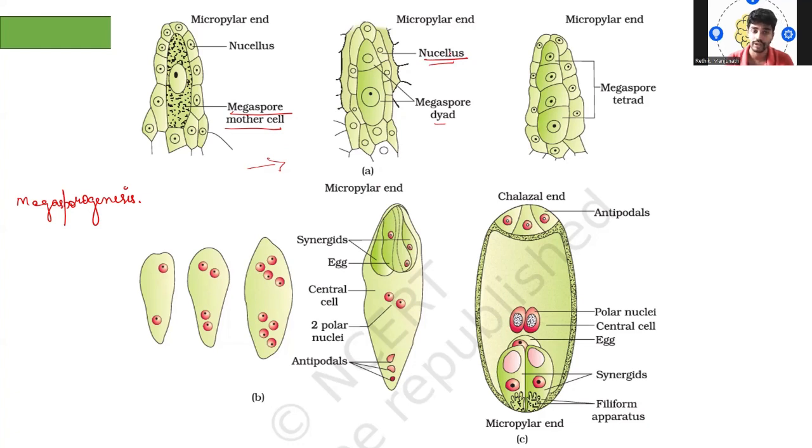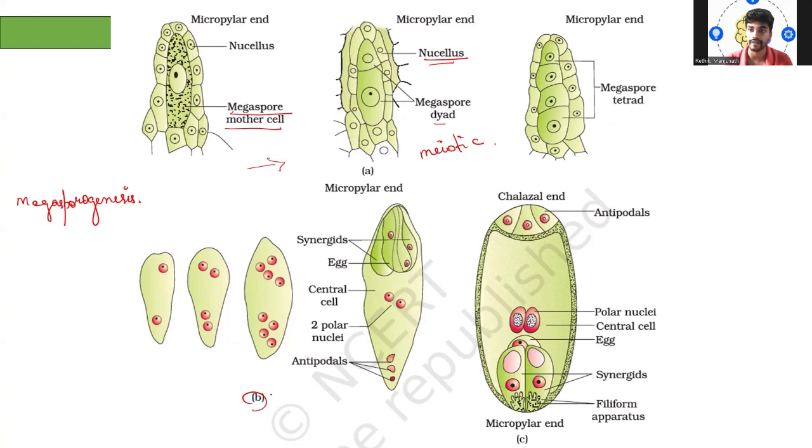Again, this megaspore mother cell is going to divide meiotically. As a result, you will see the megaspore tetrad, and finally you are going to see the stages.